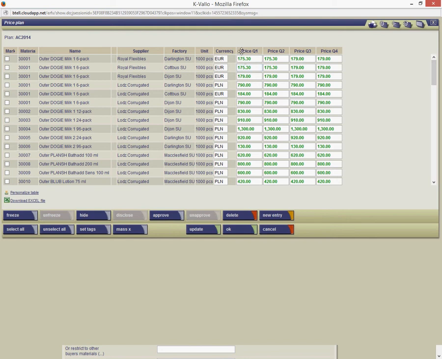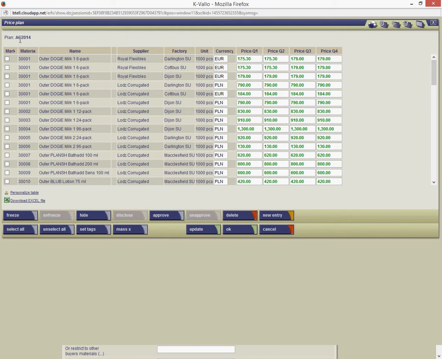And the time bucket for prices is a quarter, so every material item has 4 prices in the respective currency it is sourced. And of course it has a price unit and the supplier and the destination factory of the buyer is mentioned.